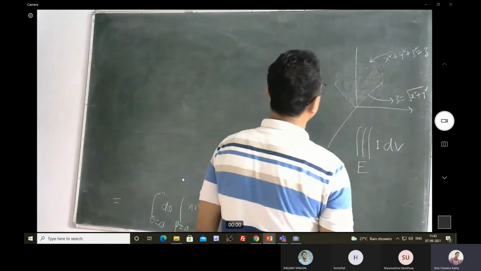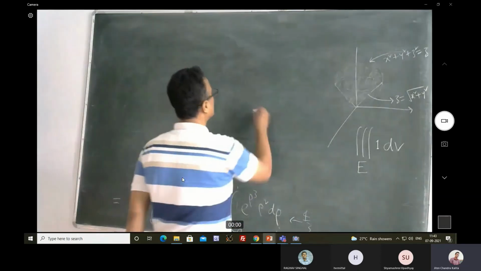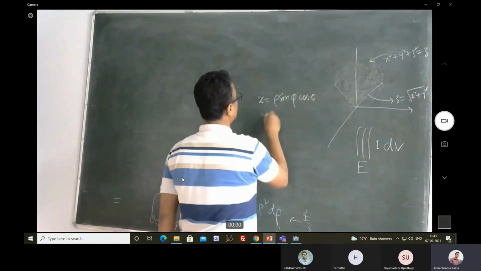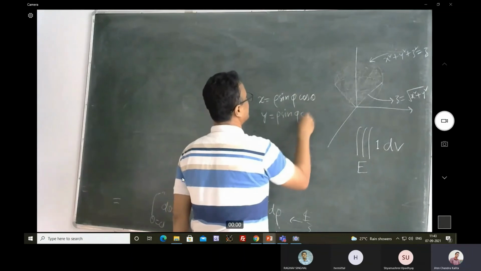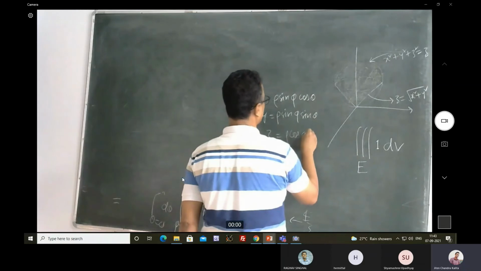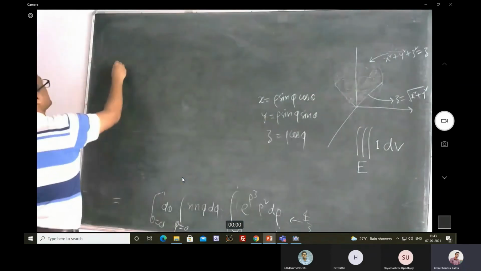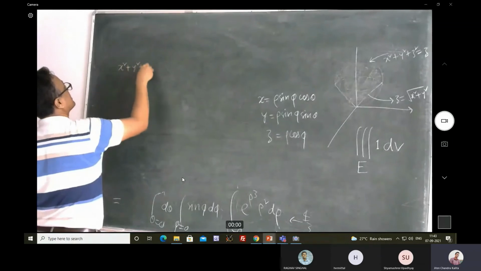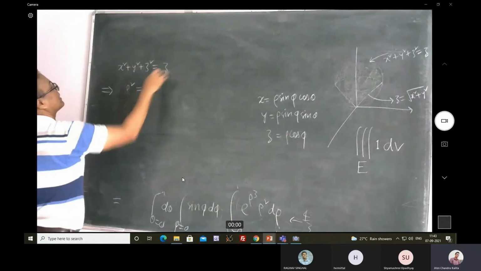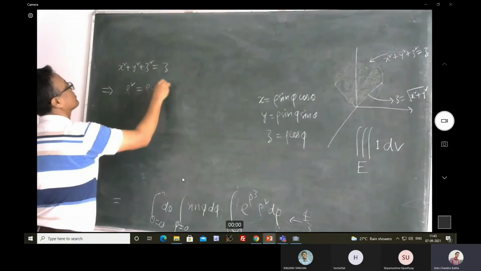Okay. Now, since we are using spherical polar coordinates, x equal to rho sine phi cos theta, y equal to rho sine phi sine theta, and z equal to rho cos phi. Now if I look at the sphere given by this, under the given transformation this is going to be rho square, and this is going to be rho cos phi.